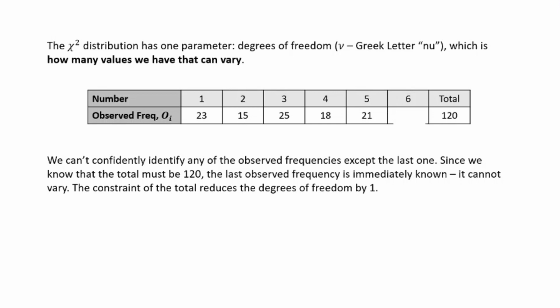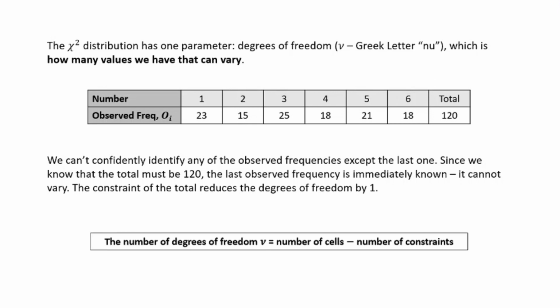Because the total number of trials is 120, the total of these observed values must also be 120. So I can do a quick calculation and figure out that 18 is the final observed value. This constraint, the fact that we know the totals must agree, that the total observed frequencies is the same as the total expected frequencies, is considered a restriction, and we reduce the degrees of freedom by 1.